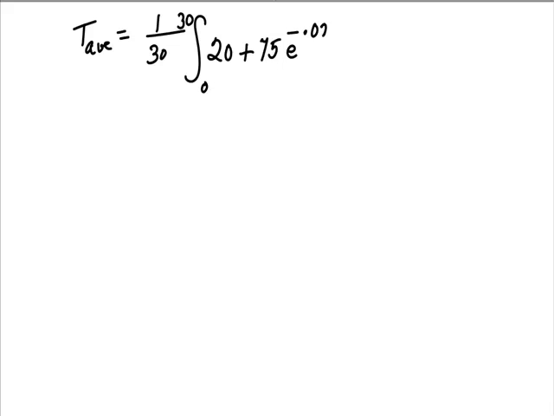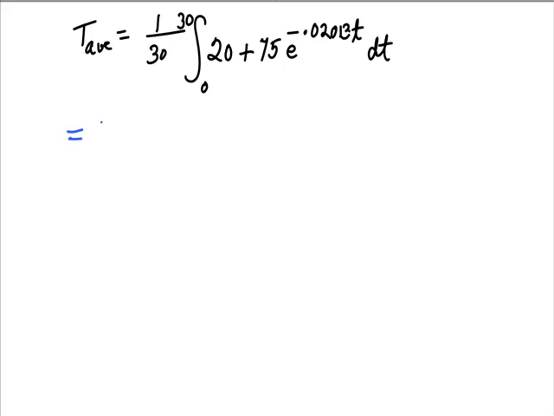Okay, so I'm going to write that again. So we have that the average temperature is 1/30 times the integral from 0 to 30 of 20 plus 75 e to the negative 0.02013t dt. We now have to go through and take that integral and then work it out. Okay, so I'm going to do this as two definite integrals.